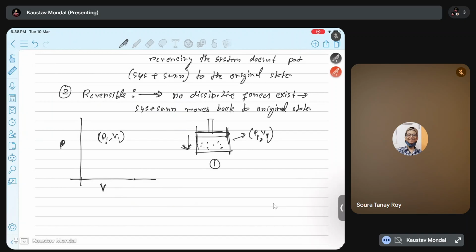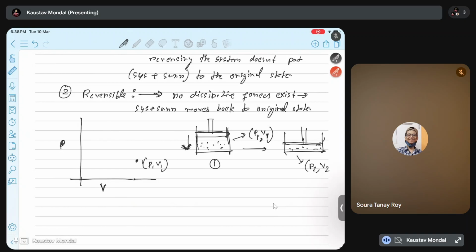the pressure will increase, right? So let's just point it here. If you press the piston, now the pressure will increase and the volume will decrease, right? So now it goes to some other state. Let's say now the pressure is P2 and volume is V2, right?